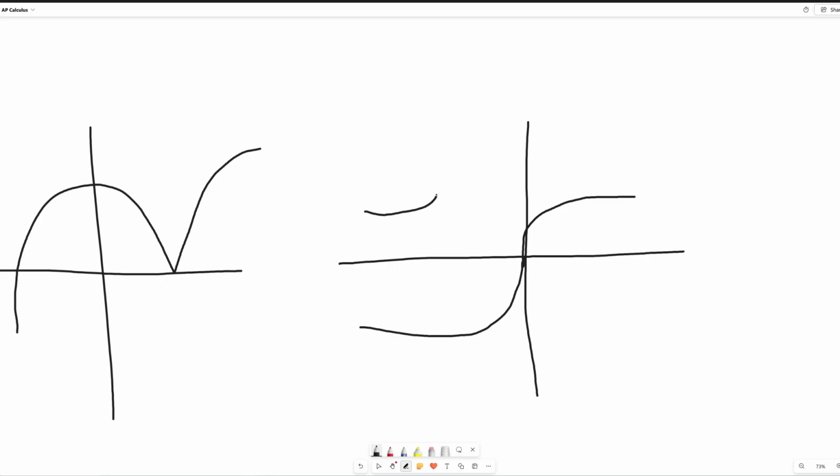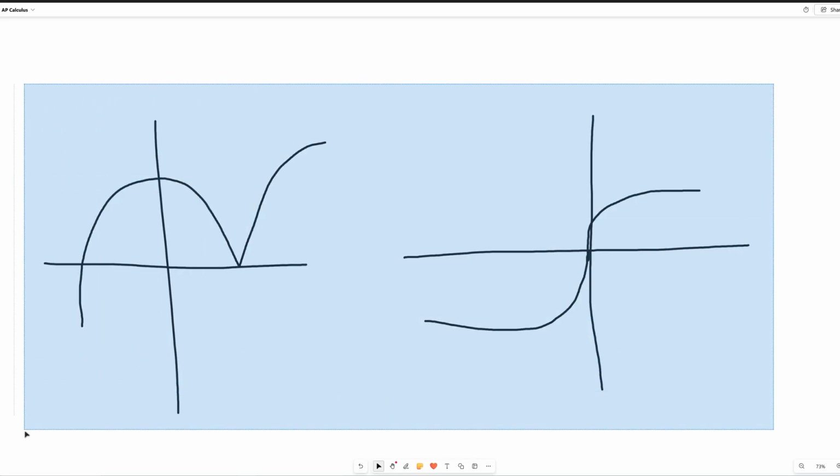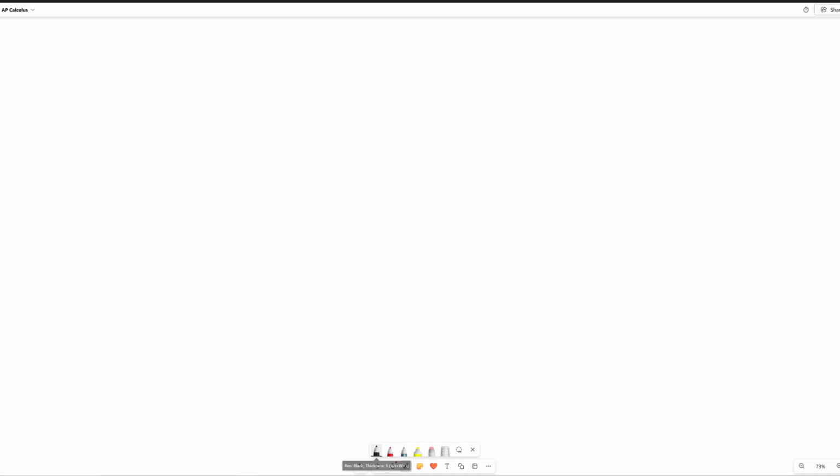The line goes straight up at that point. So even though there is a derivative, it is not differentiable because the derivative is infinity, which is essentially DNE. So, differentiability means continuity, but continuity does not necessarily mean differentiability.